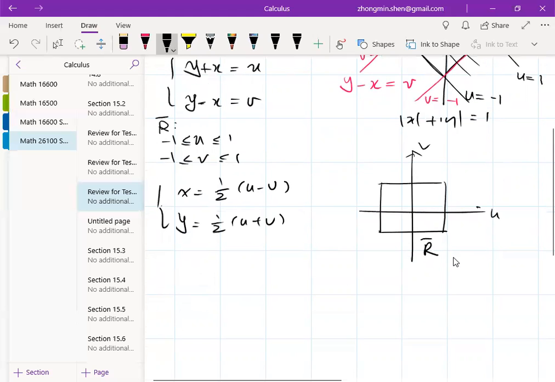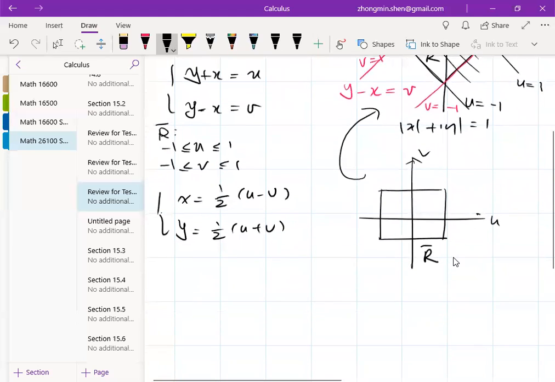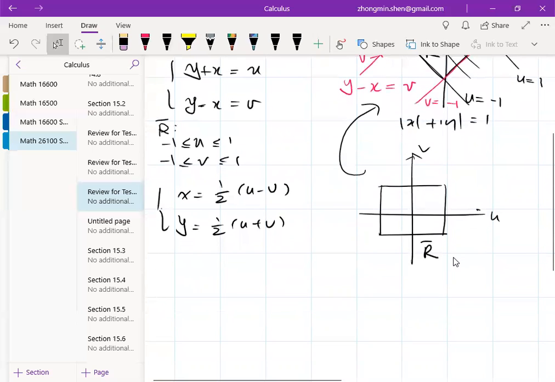So this is the R bar. Okay. So now you have a map that sends the square in this position to that square. Okay. So this is the idea.